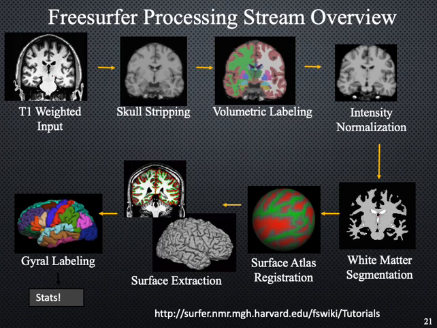You can then take this gray matter surface, register that to a surface-based atlas, and then do testing on the cerebral cortex. And this is called surface-based morphometry. And we can look at measurements either at the surface vertex level or within specific gyral patterns.